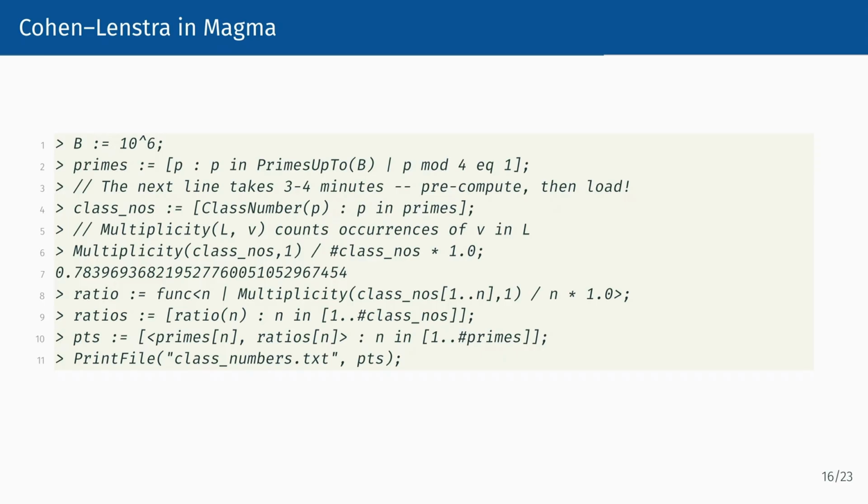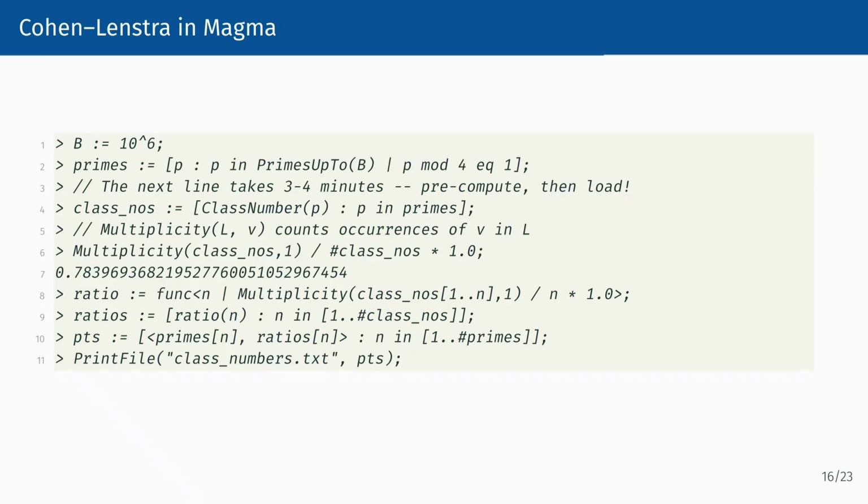And let's restrict to primes that are 1 mod 4 for simplicity, and just compute the class numbers. Magma gives us the interface to just compute the class number. Class number of p is just the class number of Q(√p), or more generally. And this multiplicity function just counts the number of occurrences of an element, as you would expect.